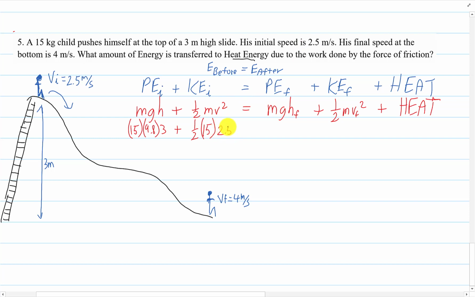And that equals m, which is 15, times 9.8 times the height of 0, right? We're setting the potential energy to be 0 at the bottom because we measured this from the ground. So he reaches the ground, 0. That's nice. That term disappears. 1/2, the mass is 15, and it's 4 squared plus heat.